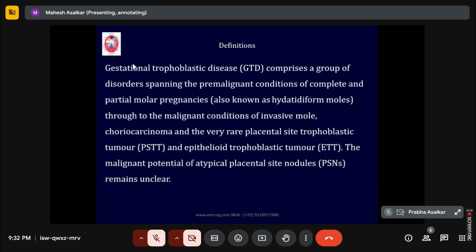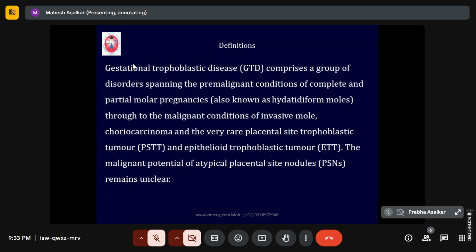Gestational trophoblastic disease comprises a group of disorders spanning the pre-malignant conditions of complete and partial molar pregnancies, also known as hydatidiform moles, through to the malignant conditions of invasive mole, choriocarcinoma, and the very rare placental site trophoblastic tumor, that is PSTT, and epithelioid trophoblastic tumor, ETT. So it's a spectrum.